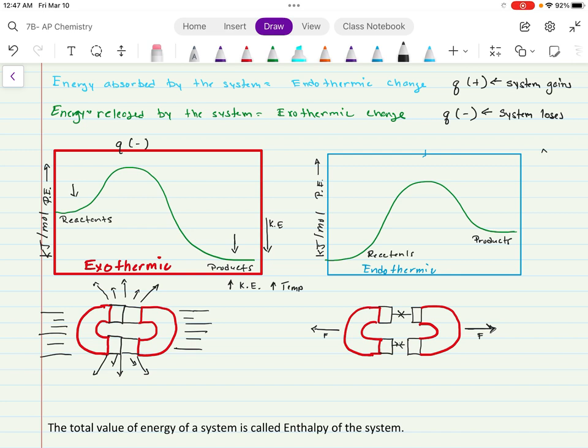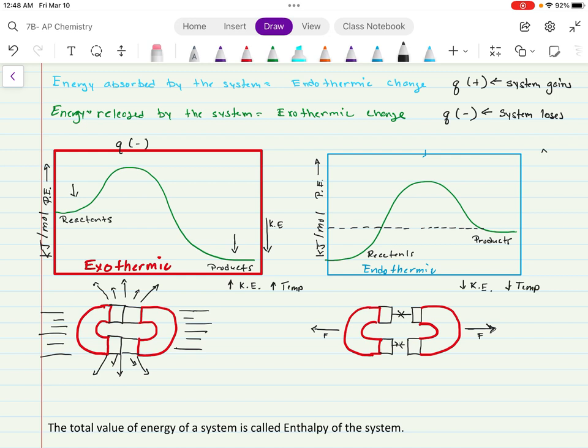Okay, so the energy of the products, if you look here, is actually higher. Now, this energy is the potential energy. Now, what we see in the surroundings is we see a decrease in kinetic energy, right? We see a decrease in kinetic energy. So in the surroundings, we see a decrease in the temperature.